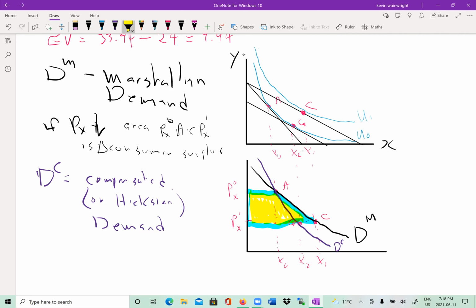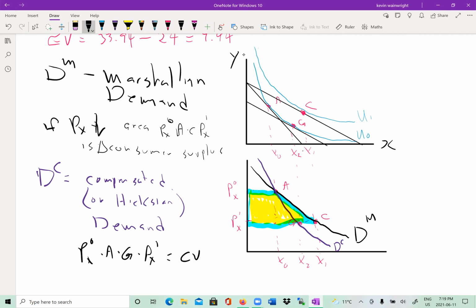So the yellow area, the area PX0, A, G, PX1 equals CV. So consumer surplus is slightly bigger than CV.